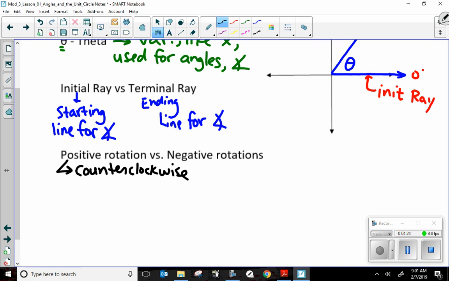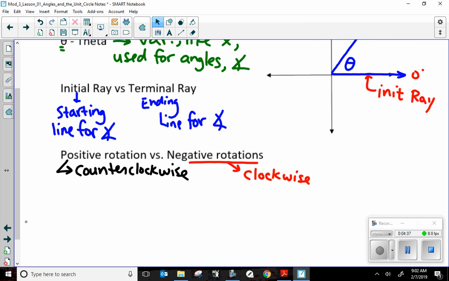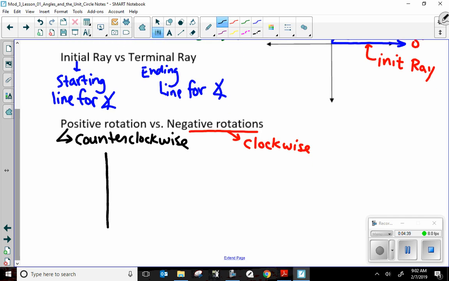Okay, positive rotation goes counterclockwise. Negative rotation, well, you guessed it, that would go in a clockwise motion. So what does that mean? If I have an axis here, and I start an angle, there's my initial ray, going this way to create an angle is in a positive direction.